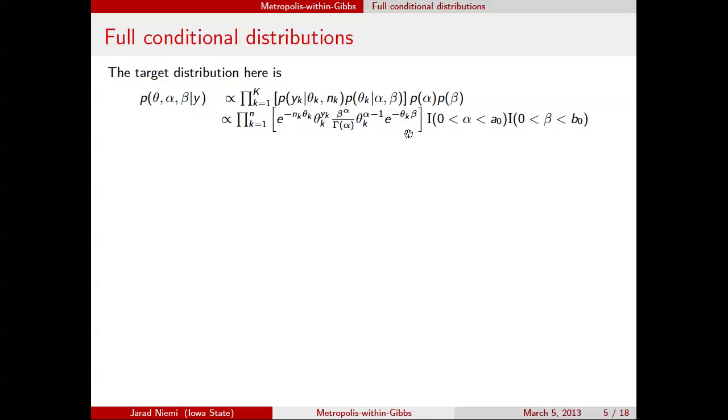The easiest thing to forget when writing this down is this term right here, the normalizing constant for the prior for the expected death rate. Oftentimes we can get rid of the normalizing constant, but because it involves alpha and beta, which are of interest here, we cannot just drop it. All right, so here's the gamma prior for theta_k, and then we have the two uniform priors for alpha and beta.